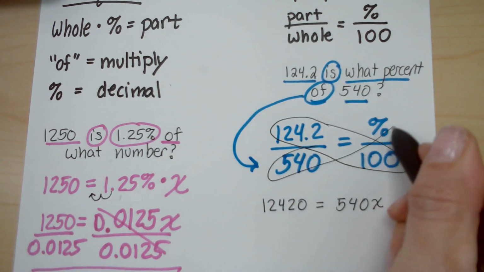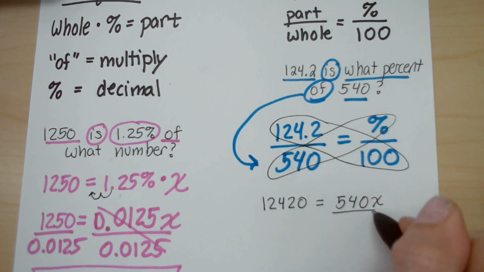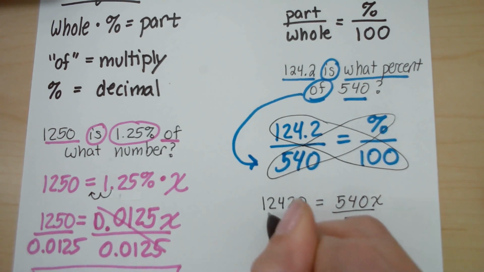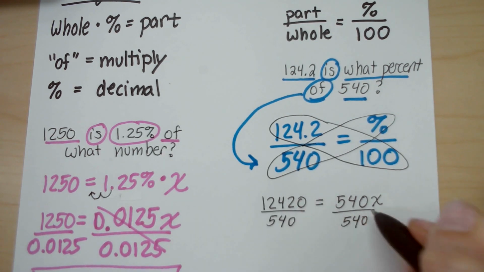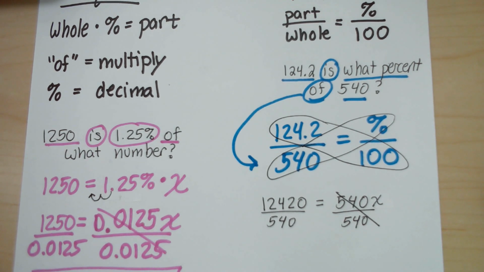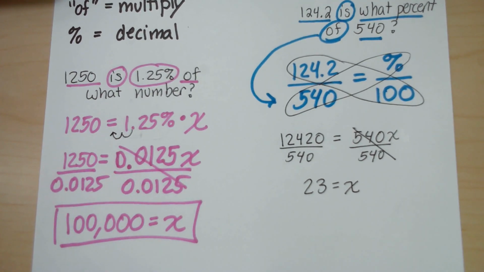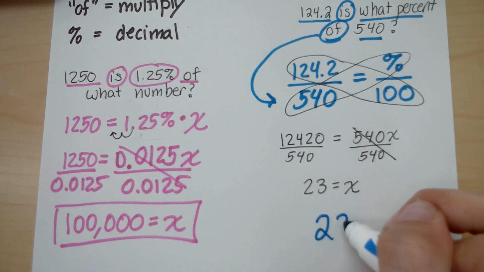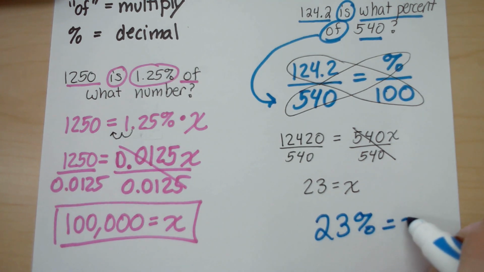So that's this diagonal. Now we divide by 540. And if we do 12,420 divided by 540, we get 23 equals x. Now the beauty of the proportion is we don't have to worry about moving decimals. So our answer is just 23%.